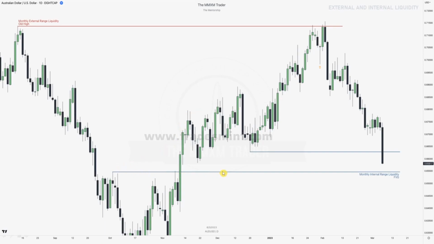We have this outlined down here. Now, we need to wait for a little bit of confirmation, as always. So we wait for a break of structure that happens after we raid the monthly external. Break of structure down here. Return back into premium. And it continues down into that fair value gap.